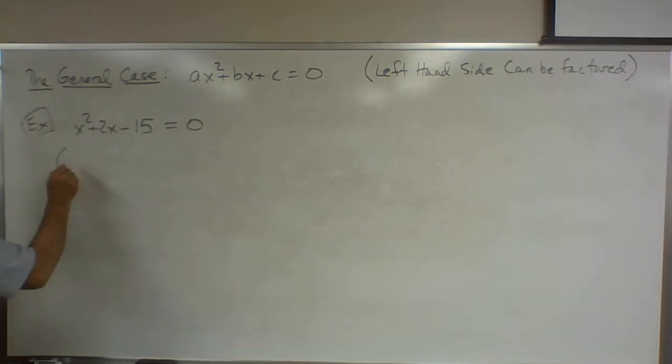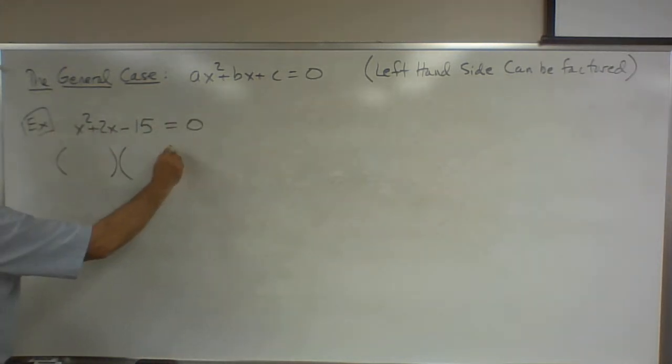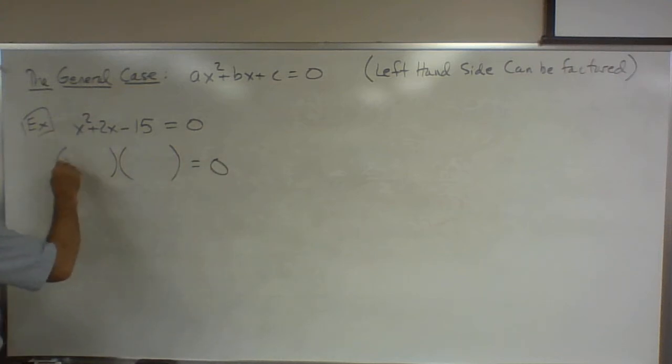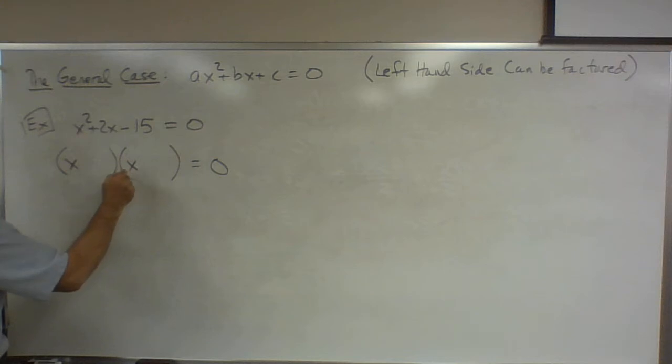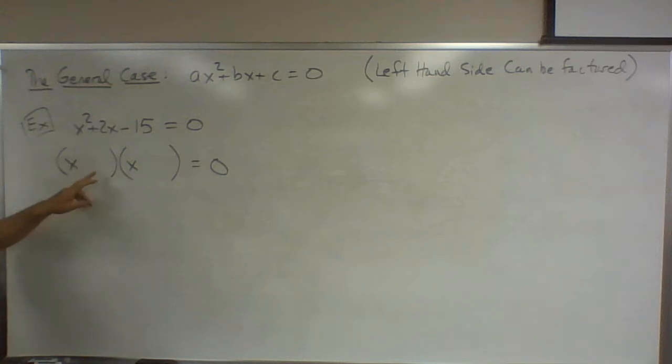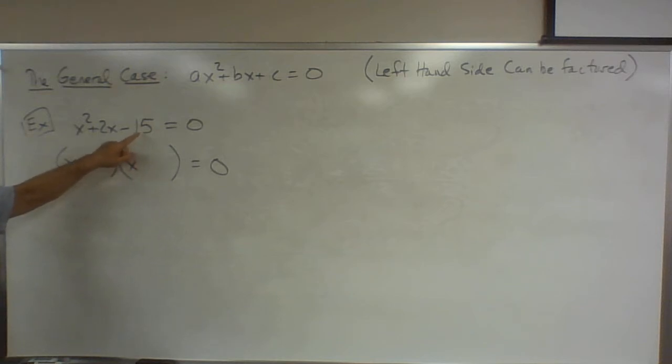So this is going to look like (x plus or minus something) times (x plus or minus something) equals 0. And whatever goes here and whatever goes here have to multiply together to give us -15.